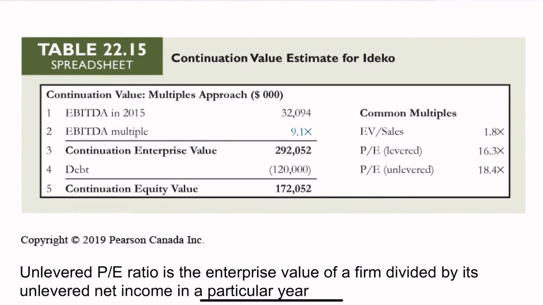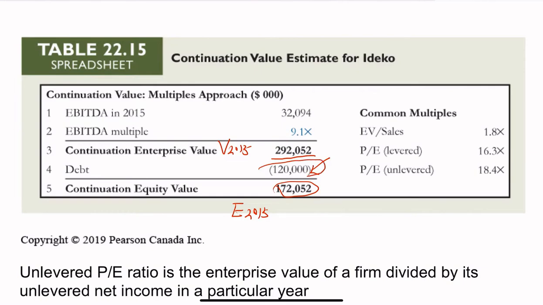Oh boy, that's not a good name. So which gives us the value in 2015, and the value is about $292 million. And then minus the amount of debt, we can find out the firm's equity value at 2015, right? So it's given by this number.